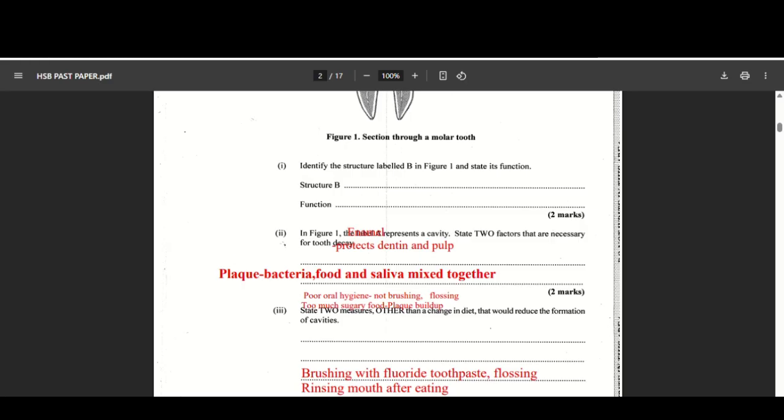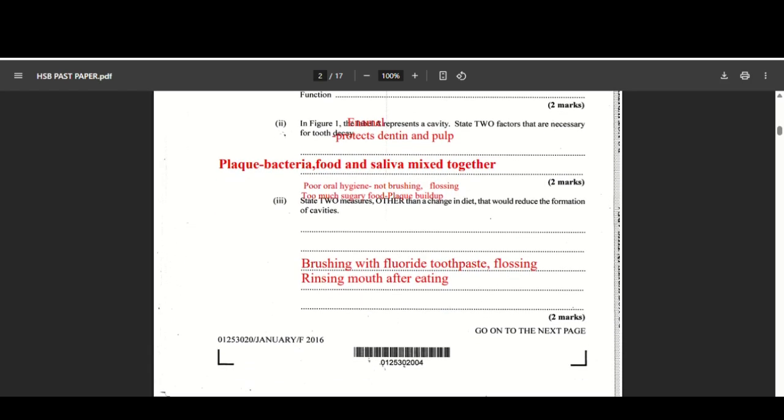Then question 3 says, state 2 measures other than changing the diet that would reduce the formation of cavities. Obviously if you changed your diet and stopped eating sugary food, that would help. But what else? You can brush with fluoride toothpaste, which I think most, if not all, toothpastes have.